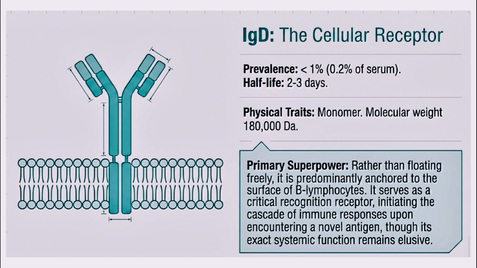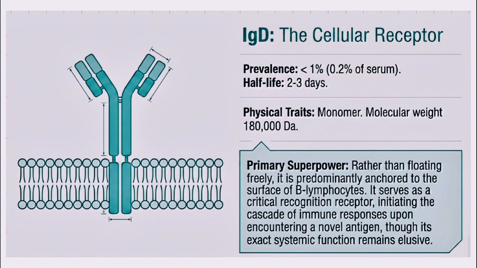As for its location, where it will be present in the body, almost exclusively it will be present at the surface of B cells. It will be anchored to the surface of the B cells or B lymphocytes.